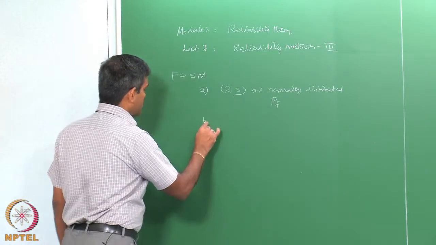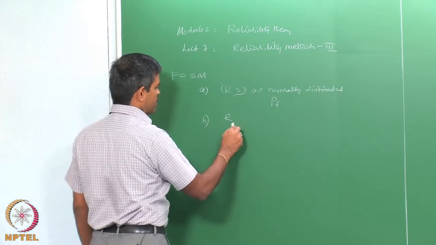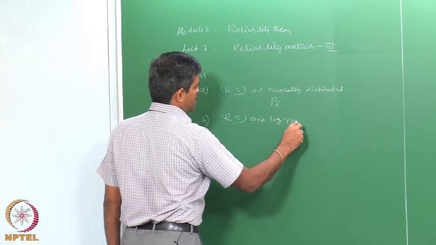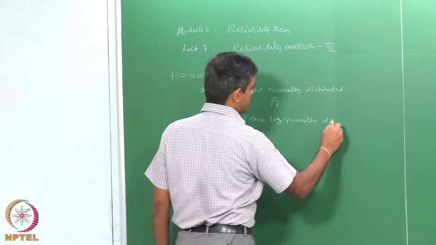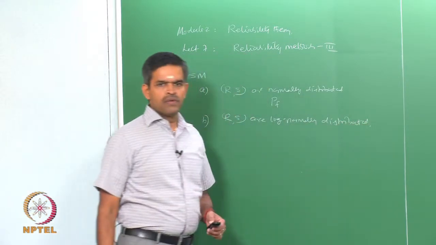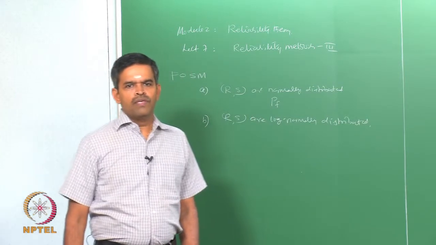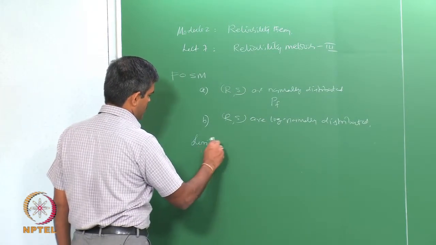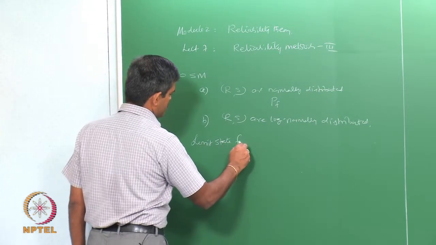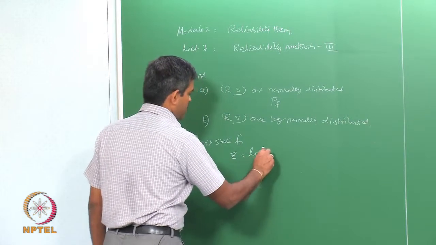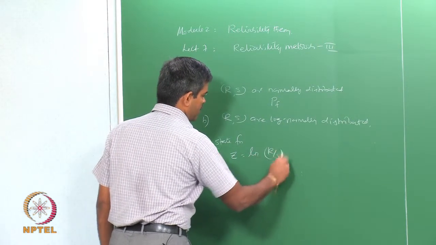We also continued the discussion on when R and S are log normally distributed, where the limit state function Z is given by ln of R by S.